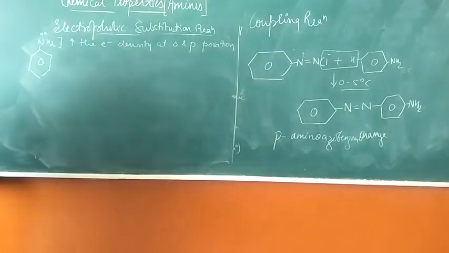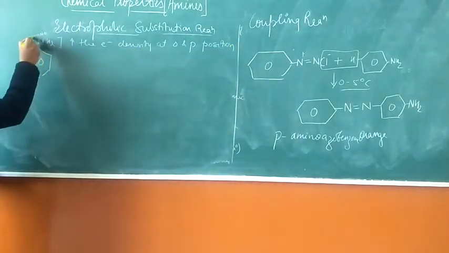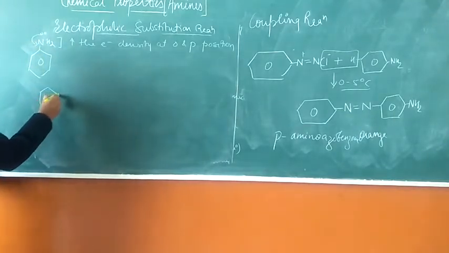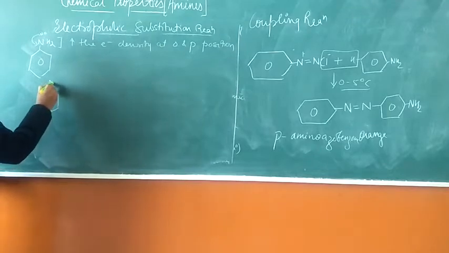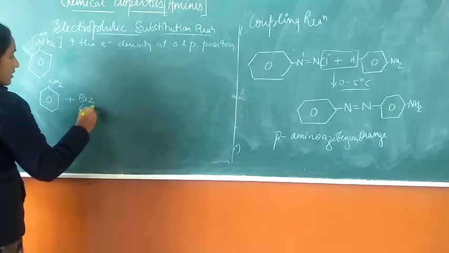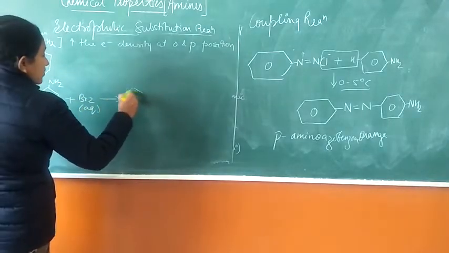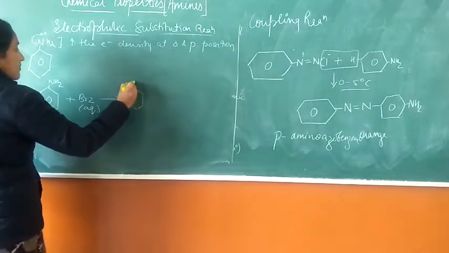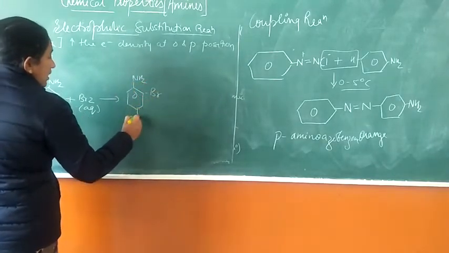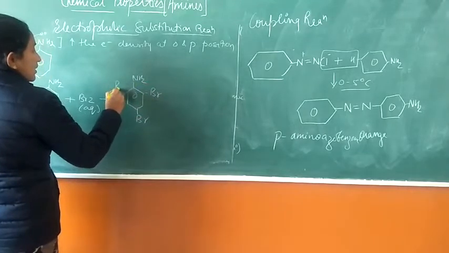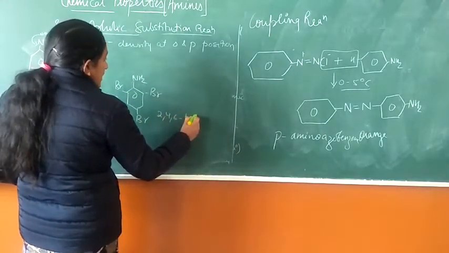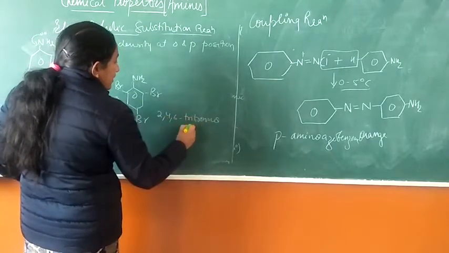When you draw the resonating structures, you get high electron density at the ortho and para positions. So when aniline undergoes electrophilic substitution with bromine water, the substitution is of such a great magnitude that we get the tri-substituted product, that is 2,4,6-tribromoaniline.